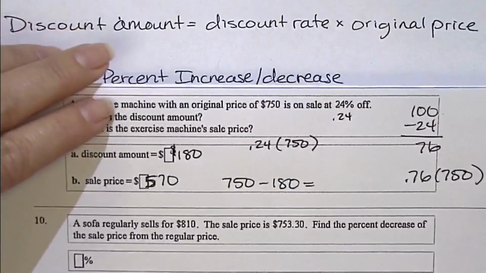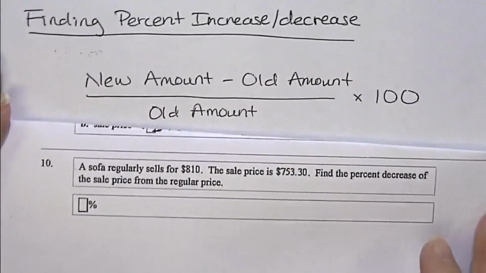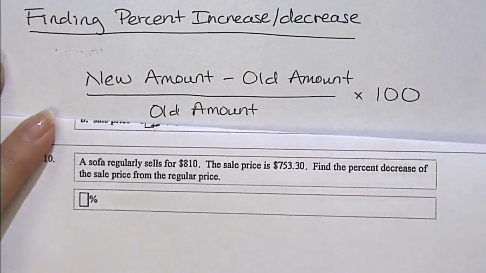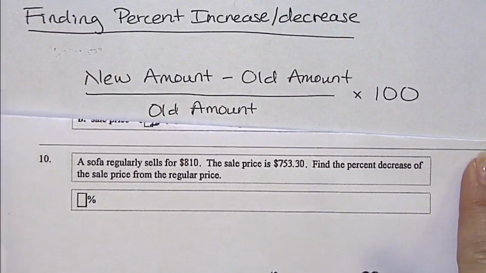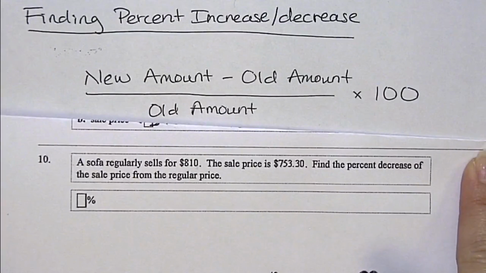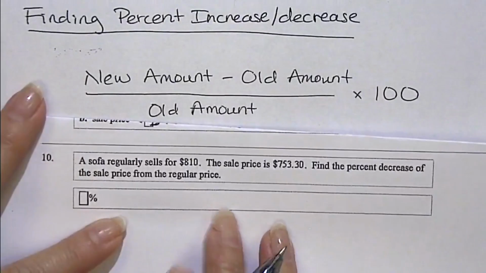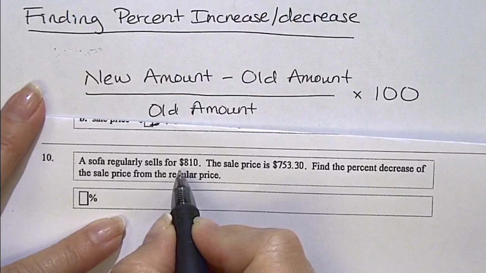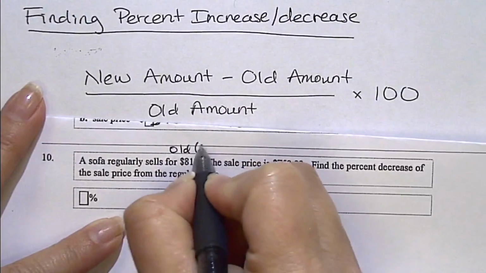So now let's look at this percent increase and decrease. This is what usually is more new to a student. Here it says a sofa regularly sells for $810. The sale price is $753.30. Find the percent decrease of the sale price from the regular price. Okay, so it regularly sells $810, so that would be the old amount, or the original amount.